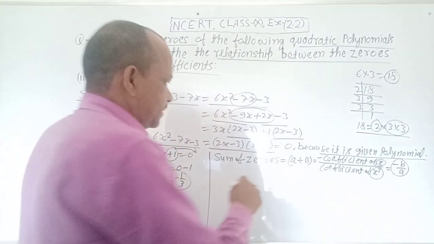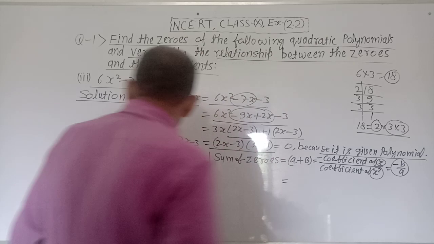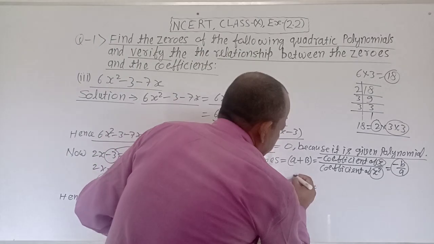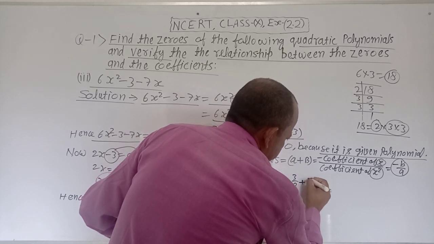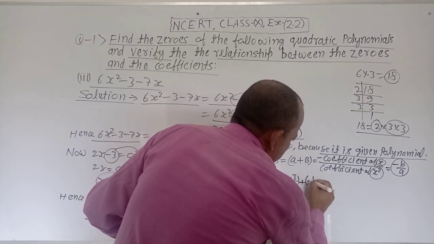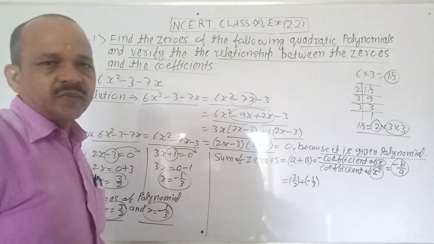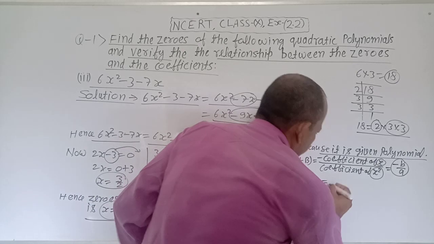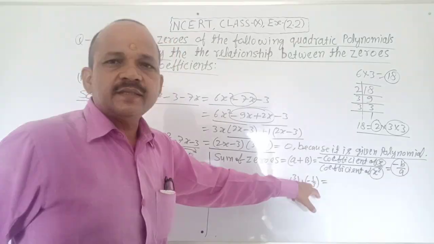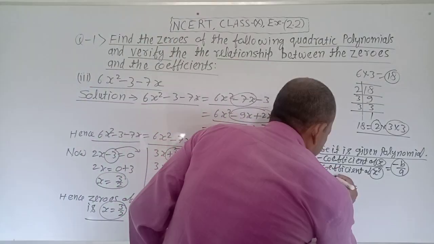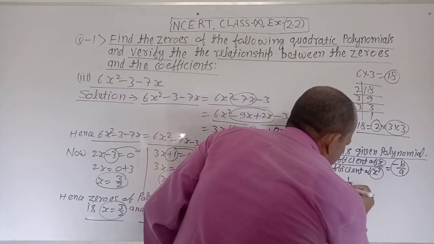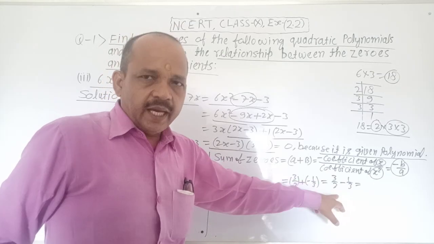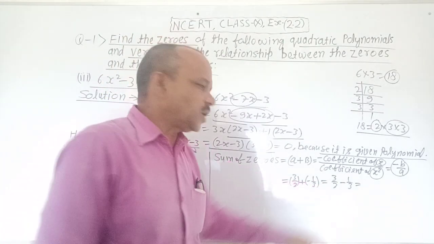You can write it equal to here 3 by 2 and here minus 1 by 3. 3 by 2 plus minus 1 by 3. You can take LCM. Here plus and here minus, it become minus. You can write 3 by 2 minus 1 by 3. LCM of 2 and 3 equal to 6.